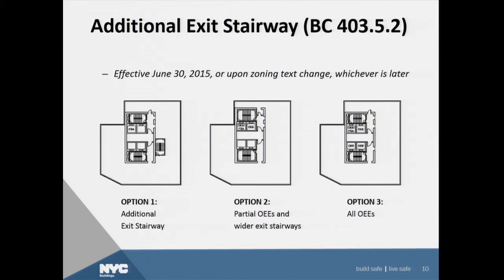Option two, again, you can have wider stairways and the evacuation elevators, which are self-evacuation elevators for the tenants, or you can have all evacuation elevators and not bother with the third stair. So you have 3 choices now when you're doing a super high-rise building. And again, as James stated at the very beginning, this does not take effect until June 30th, 2015, or until there's a zoning text change, because there will be some zoning credits given for this.